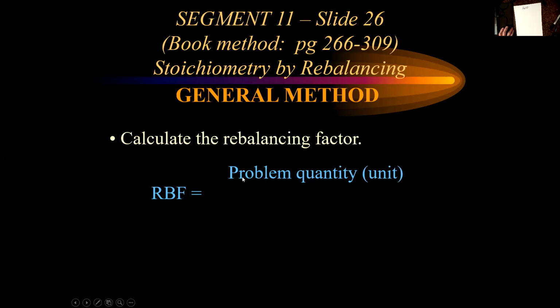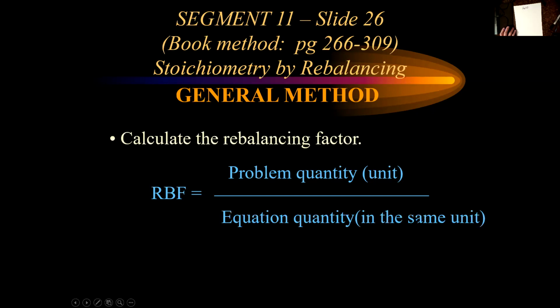Okay? The way you calculate the RBF is you take the problem quantity, whatever it is and whatever unit it is, out of the problem. This is a number and a unit out of the problem. And now you locate that substance in the equation and put it in the same unit. The equation quantity now in the same unit we used in the problem.